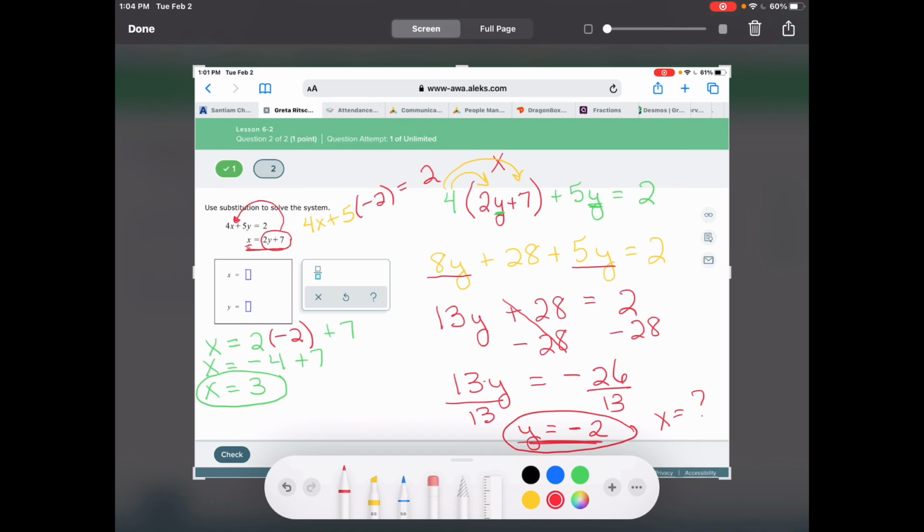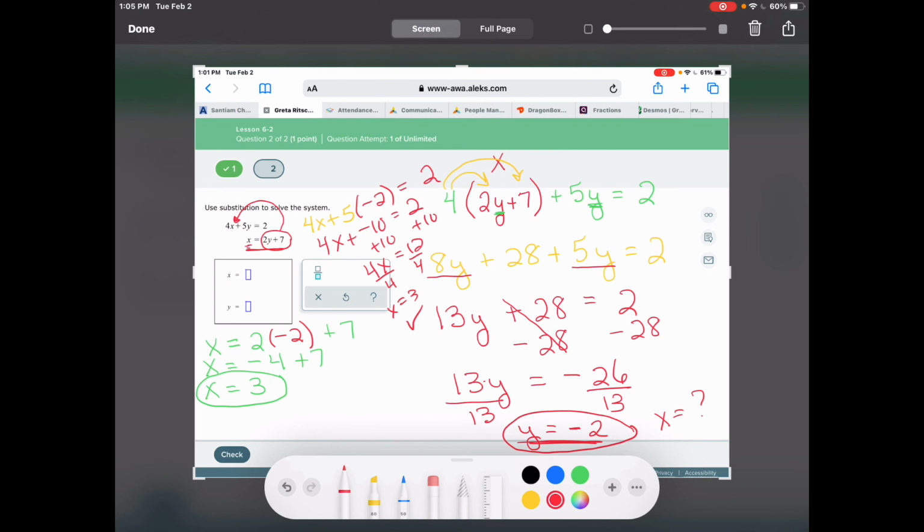So I have 4x plus negative 10 equals 2. And so I'm going to add 10. That's why I chose the other one first, because it looked like it was less steps. 4x equals 12. Divide by 4, and I get x equals 3. That's just kind of a check. You can always do that if you feel like you need a little backup.